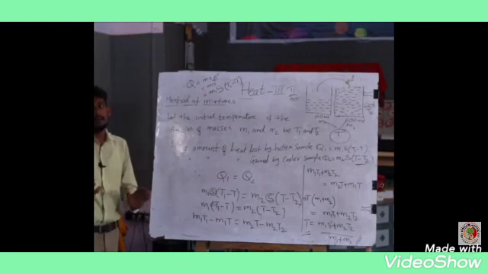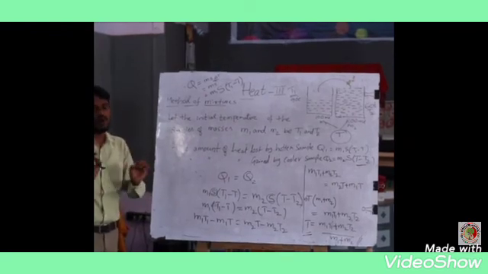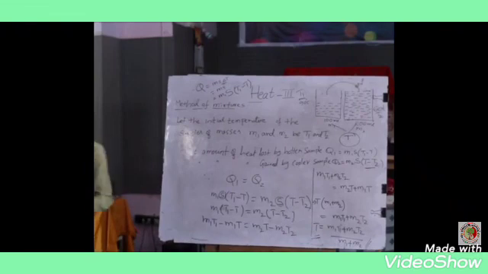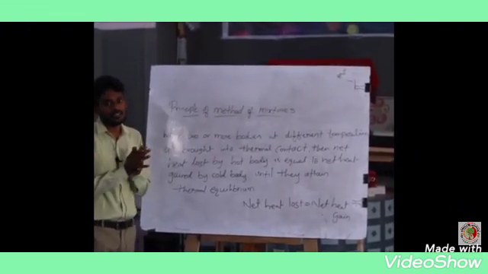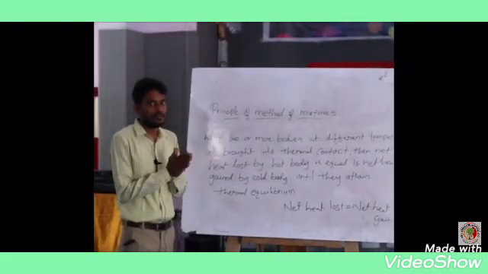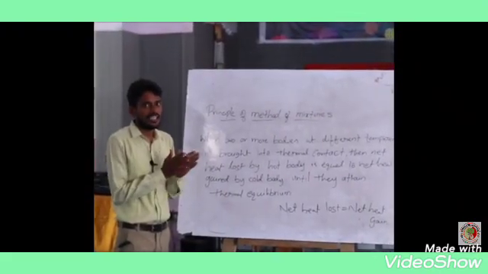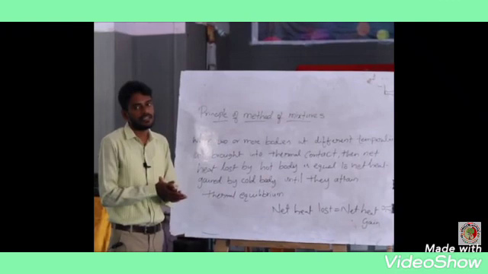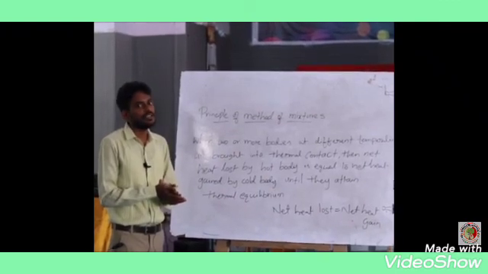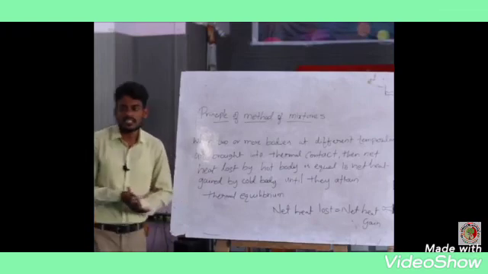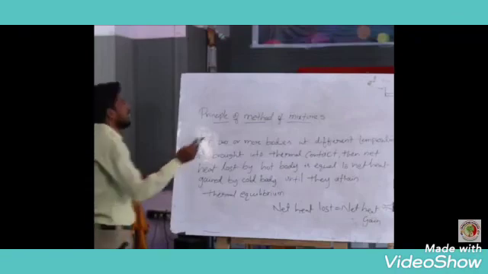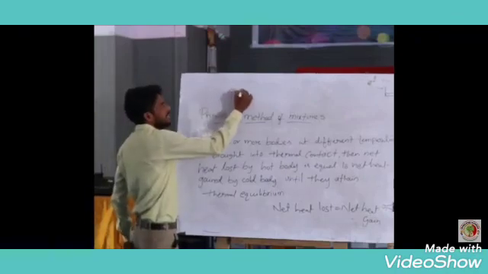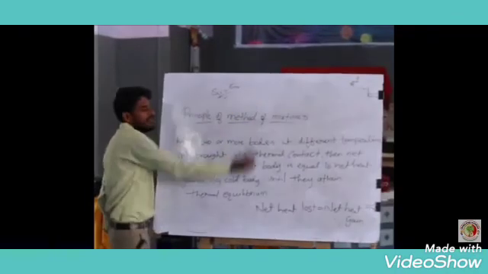Finally, the principle of method of mixtures. When two or more bodies are brought into thermal contact, the net heat lost by the hotter sample should be equal to the net heat gained by the colder body until they attain thermal equilibrium.